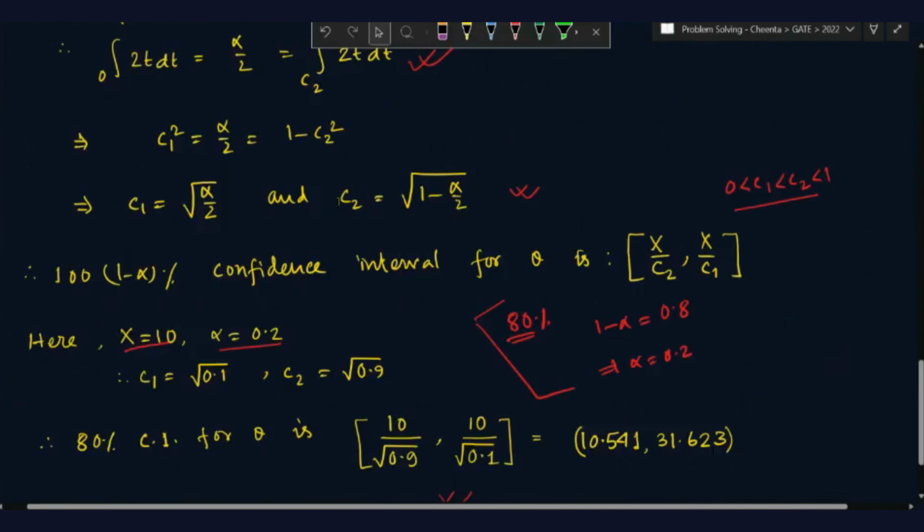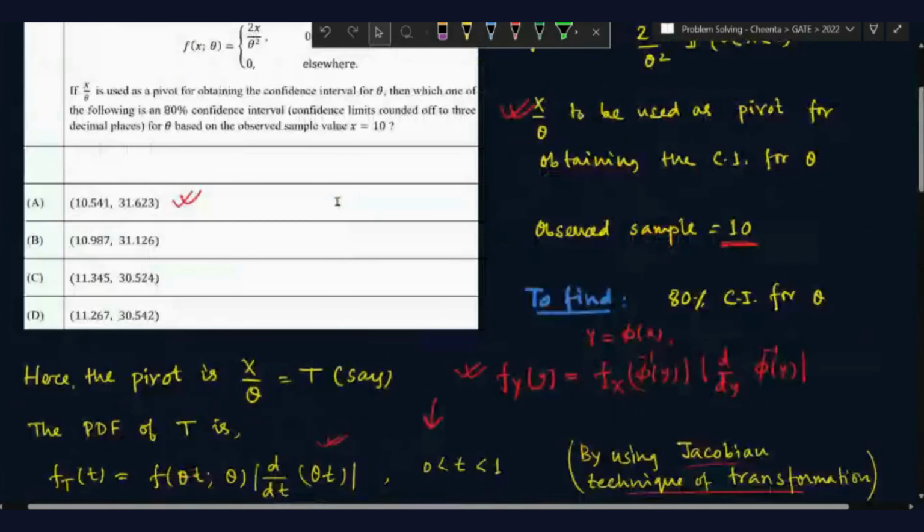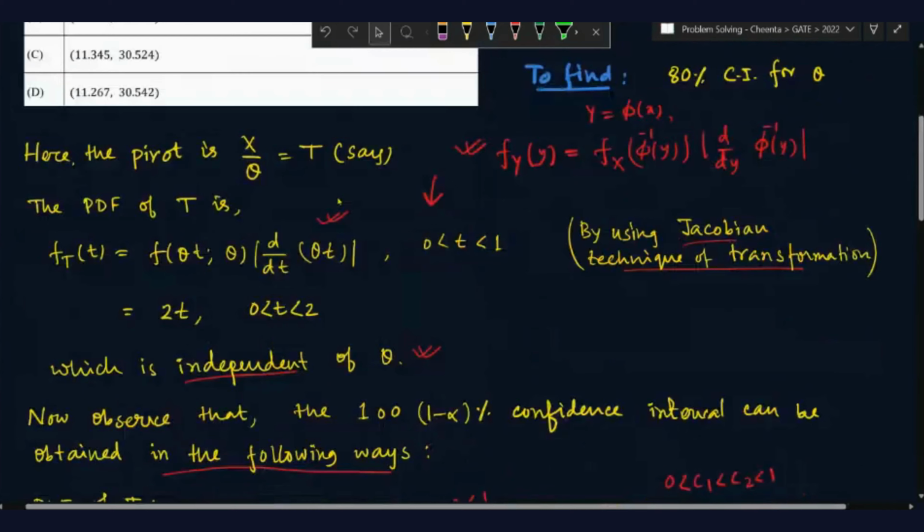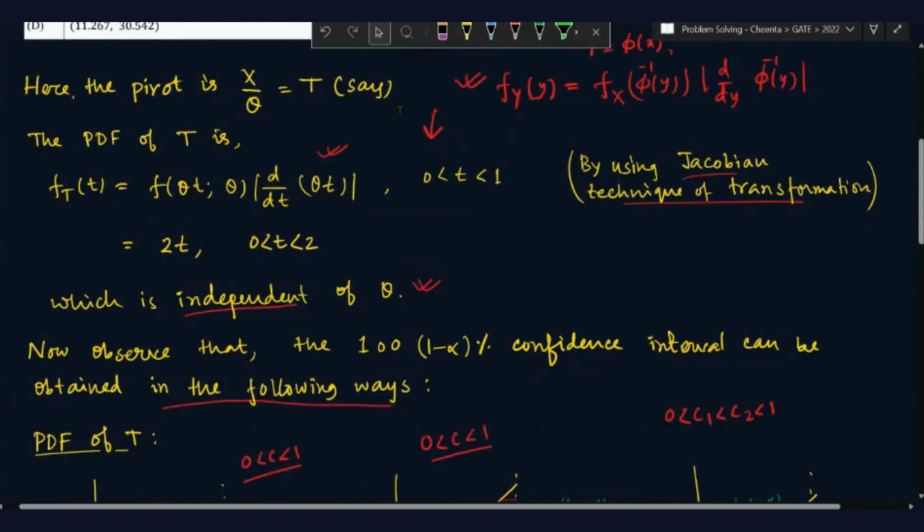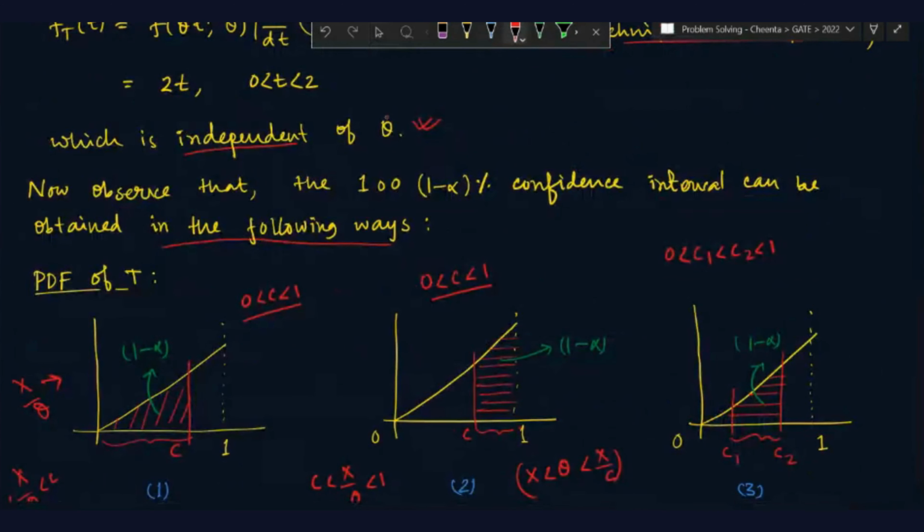Now the objective of the problem is to find the confidence interval based on the given pivot. We first need to check that the given transformed variable can actually be used as a pivot, because its distribution is independent of the parameter. The next step is to check which kind of interval we are considering here, that is, whether 0 to c, or c to 1, or c1 to c2.